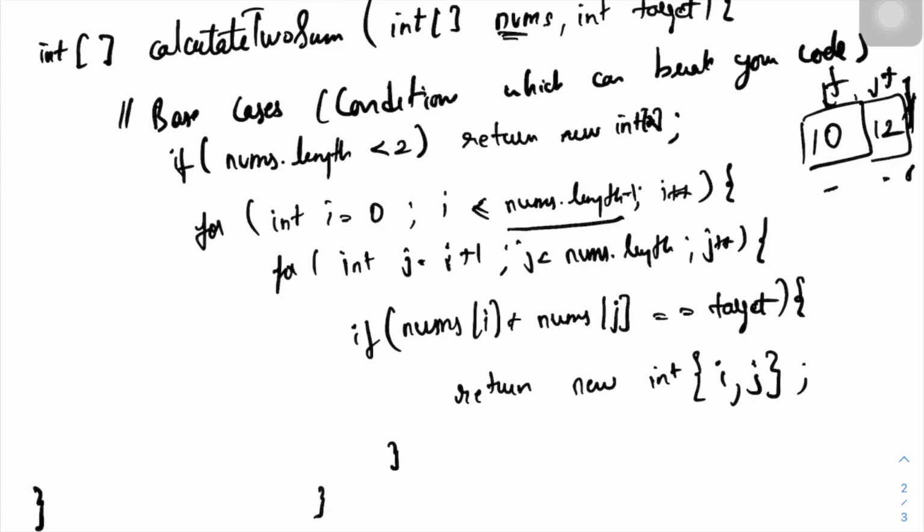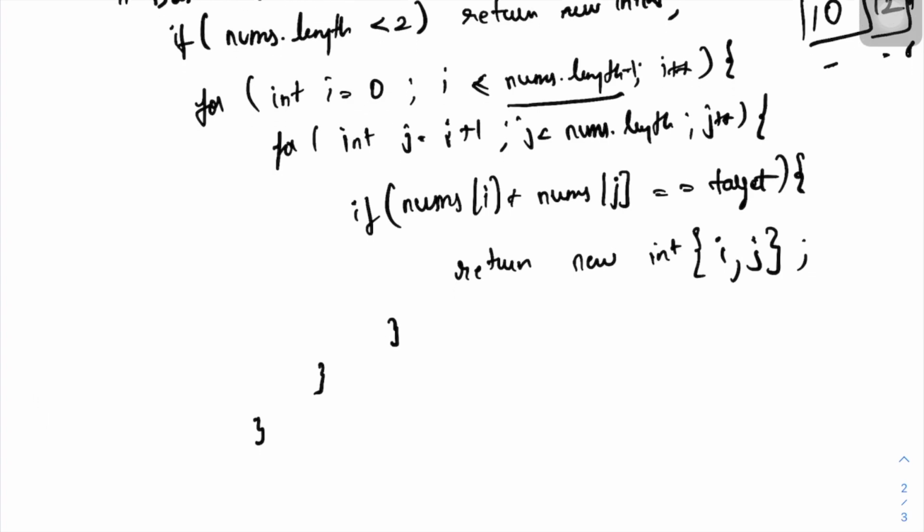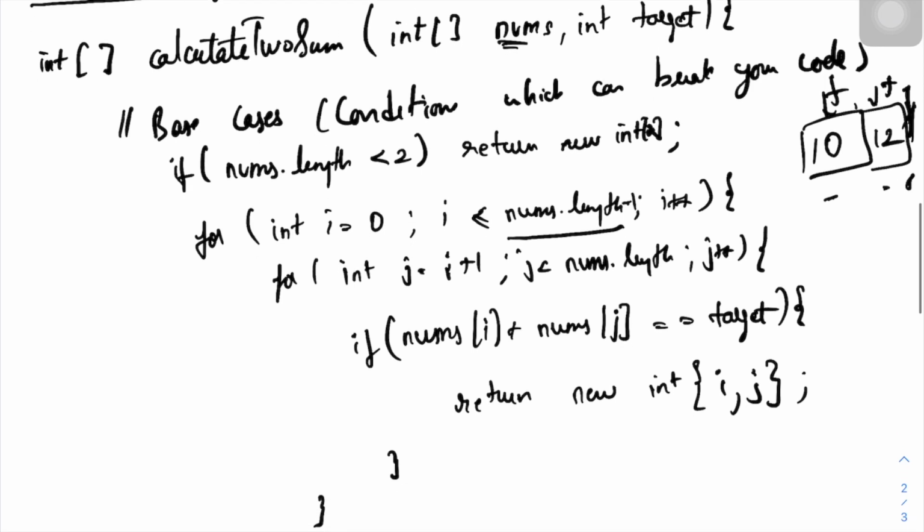I am closing here, and this for loop is closed here. In case you never find one, our question told that we will always find a solution, hence this is fine. But as a final condition, in case we don't find a solution, an empty array of size two will be returned. So this is the brute force solution.